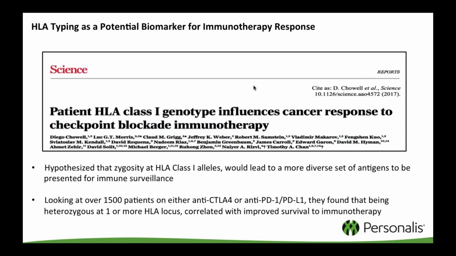And then, this could potentially correlate with response to checkpoint modulators. So here they looked at over 1,500 patients receiving either anti-CTLA-4 or anti-PD-1 or PD-L1 therapy, and they found that being heterozygous at least one HLA locus correlated with improved survival to immunotherapy.